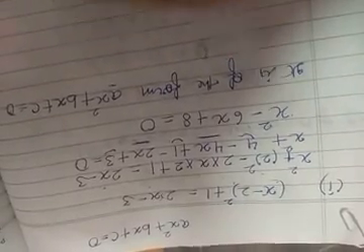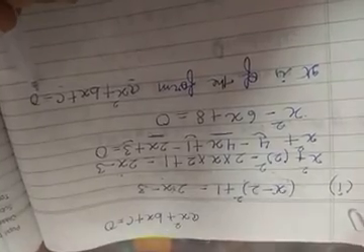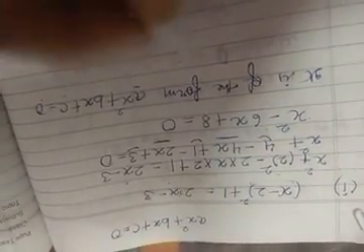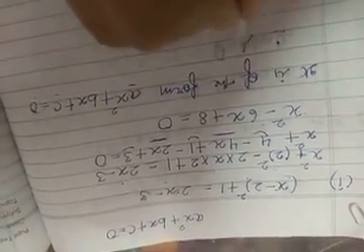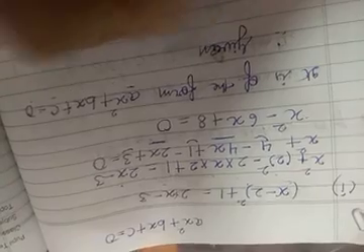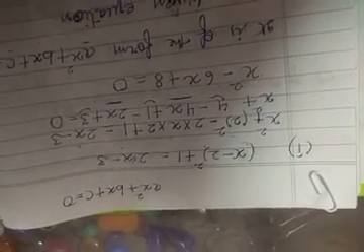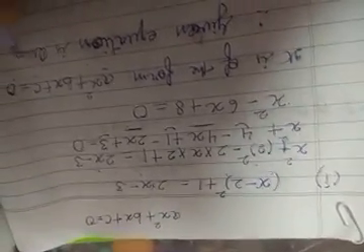So this equation is of the form ax square plus bx plus c is equal to 0, which is the standard form of a quadratic equation. Therefore the given equation is a quadratic equation.